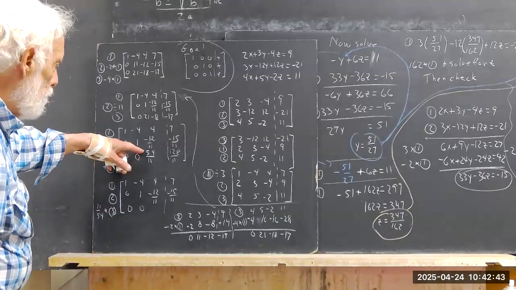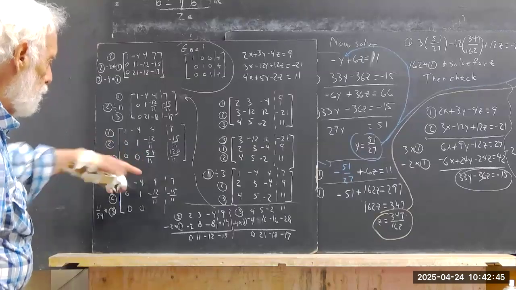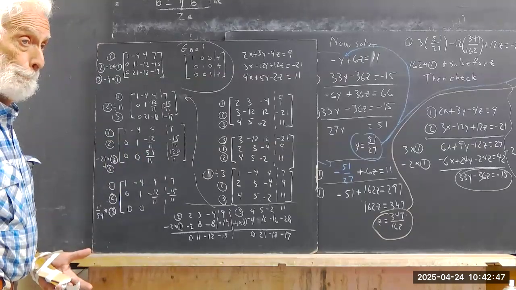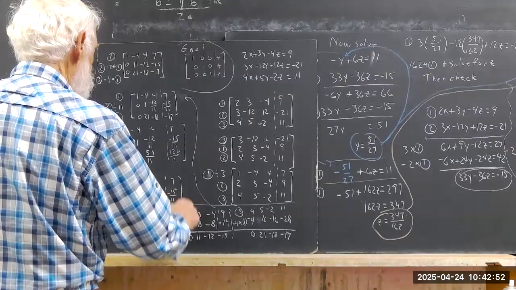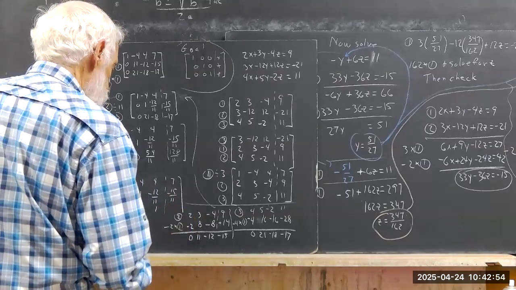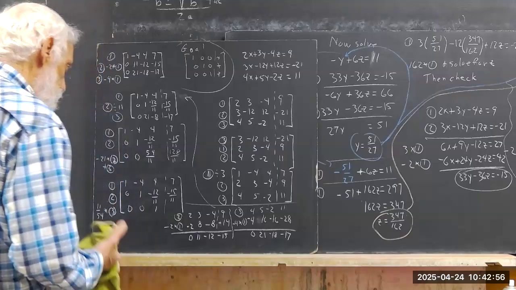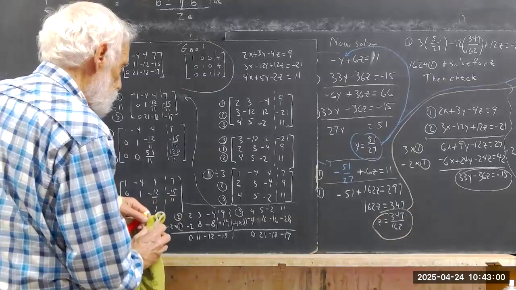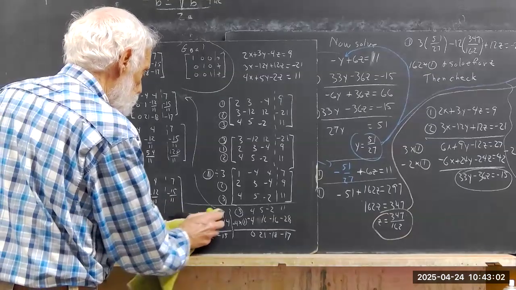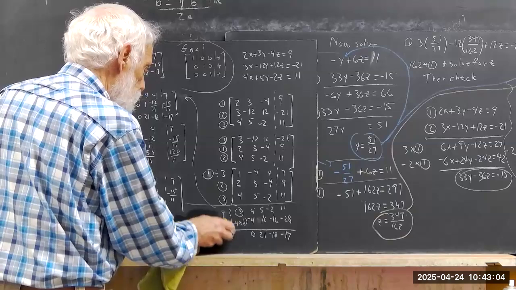If I multiply this by 11 over 54, I'm going to get 1, right? That's going to give me 1. And then the last number here, and I am going to erase these fractions here, just to give myself room to avoid confusion.